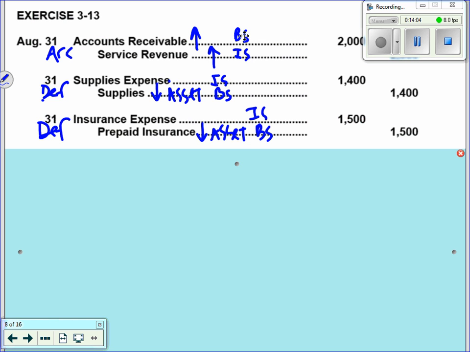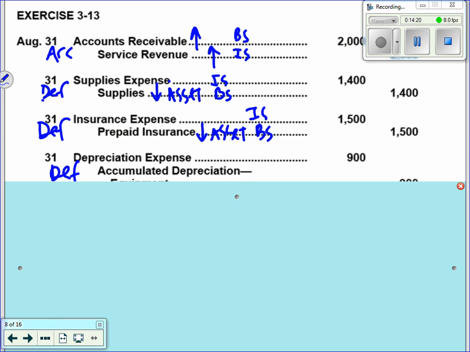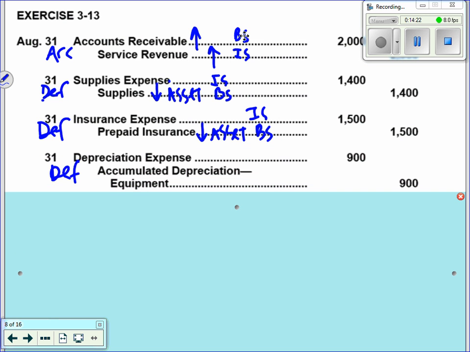Accumulated depreciation had a $3,600 balance. It increased to 4,500. The cool part is you can look down under depreciation expense. That's a $900 difference. It's a really nice way to check your math. So we see expense debited, accumulated depreciation on equipment credited.